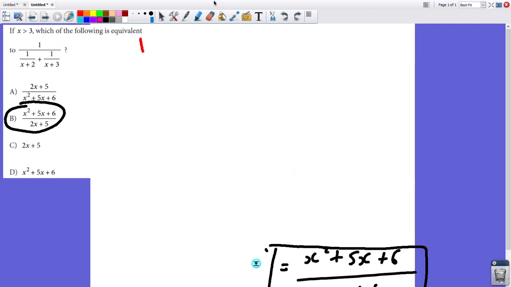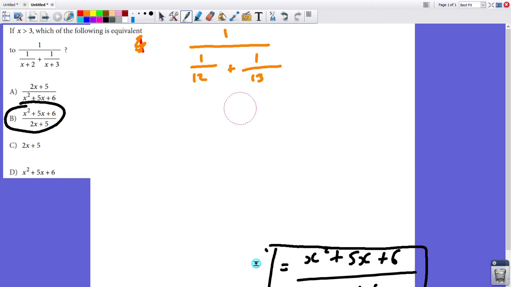So if I plugged in x equals, let's say, 10 into the first expression, so 1 over 10 plus 2 is 12, plus 1 over 10 plus 3 is 13.